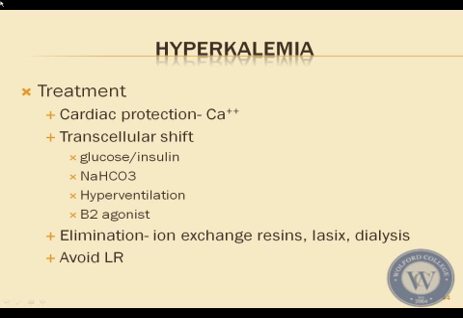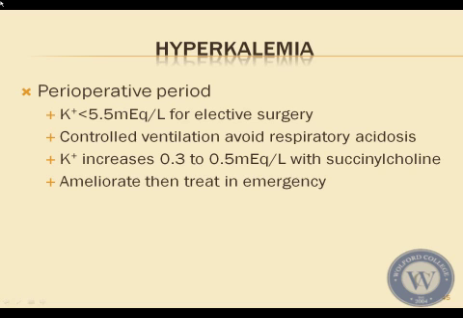You may also want to eliminate the actual potassium availability by giving agents that bind to potassium inside the GI tract, so things like ion exchange resins. Lasix and dialysis are also very helpful in removing potassium out of the blood, and basically make sure you avoid lactated Ringer's in these individuals.